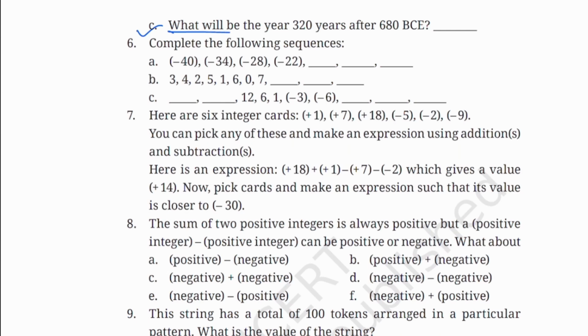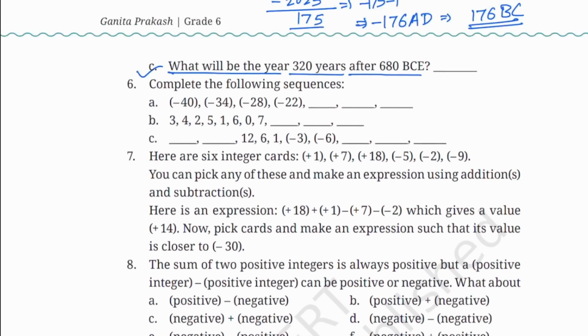C. What will be the year 320 years after 680 BCE? 680 BCE and 320 years added to it.